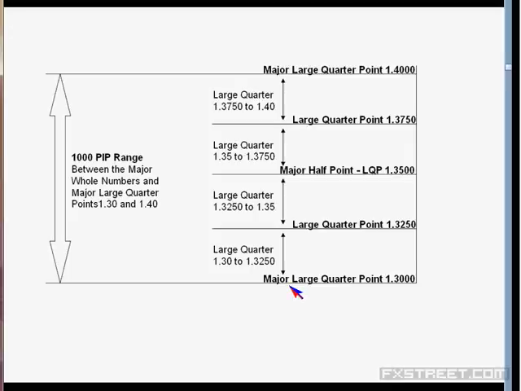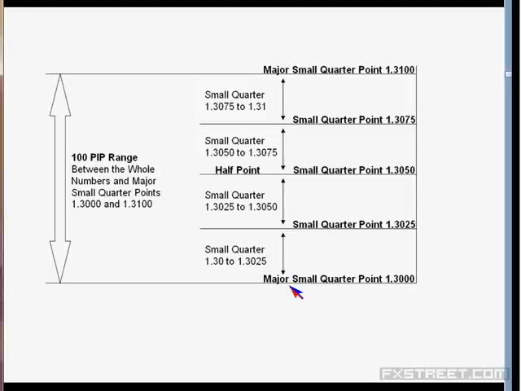The 100 pip ranges, we said, are the ranges between 2 whole numbers. Those are also clearly defined ranges, and they can also be divided into 4 equal parts, or 4 small quarters of 25 pips each.